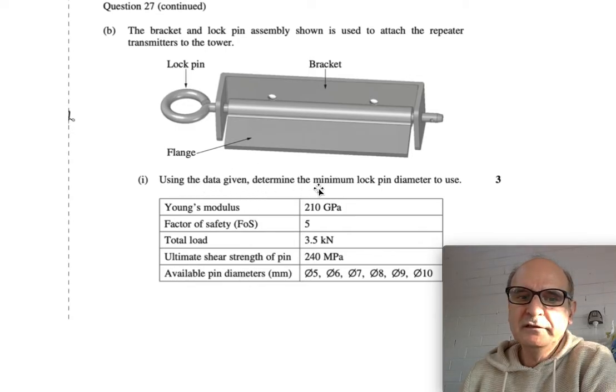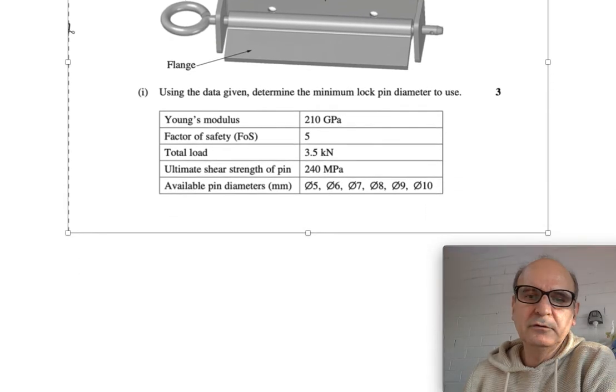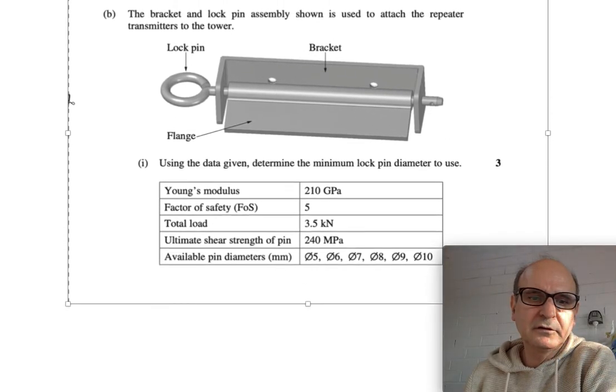Using the data given, determine the maximum lock pin diameter to use. Now we want to see what should be the diameter of this pin so it does not collapse.